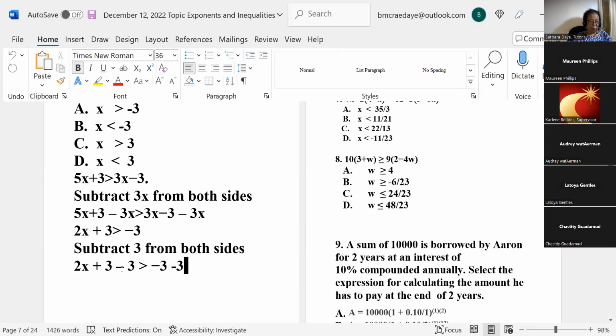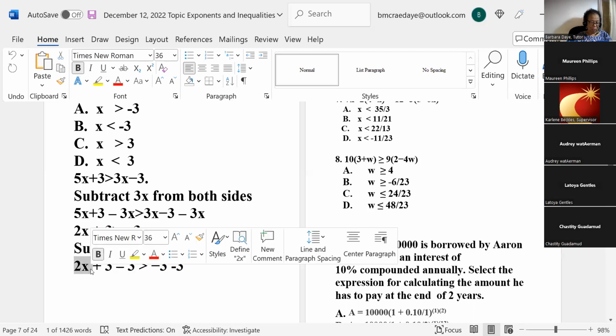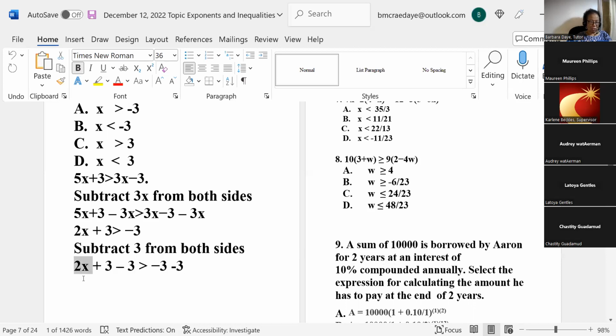Now, what are we left with on the left side, Audrey? 2x. Okay, 2x, very good. So let's just copy out 2x, because the plus 3 and the minus 3 just goes to 0, right? So that's 2x. And what do we have on the right side, Audrey?